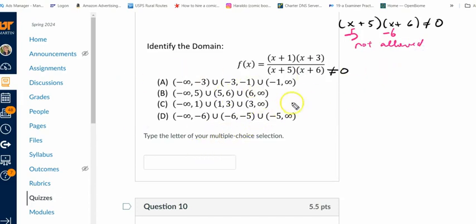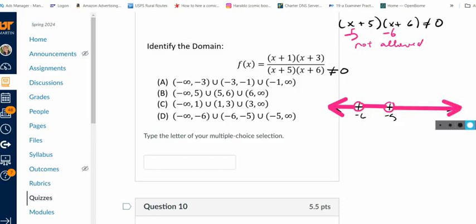All right, and then you can see all the selections here are in interval form. So if negative 5 and negative 6 are not allowed, then on the number line, I'm not allowed to include them. So I'm hollowing those out. It can be anything except negative 6 and negative 5. So this is what it looks like on the number line.